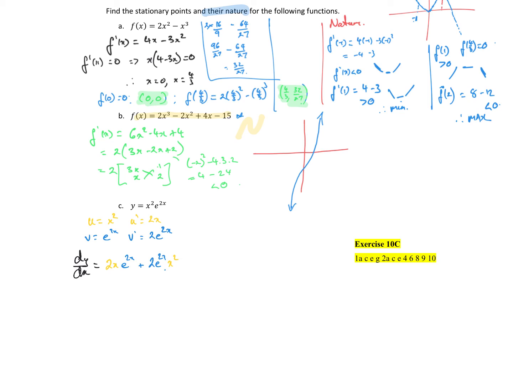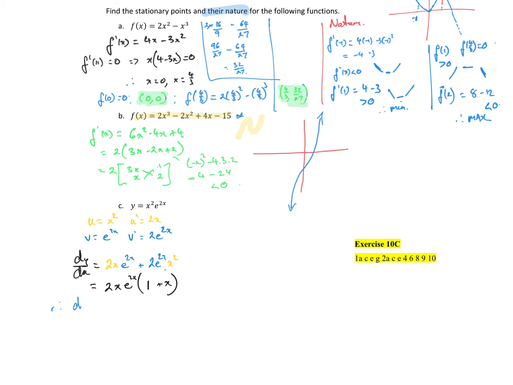So if I factorise that, what have I got common? I've got a 2 common, I've got an x common, and I've got an e to the 2x common. So that's a 1 here, and I reckon it's a plus x on the other side. Okay, so there's my derivative. So now I want to solve that equal to 0.